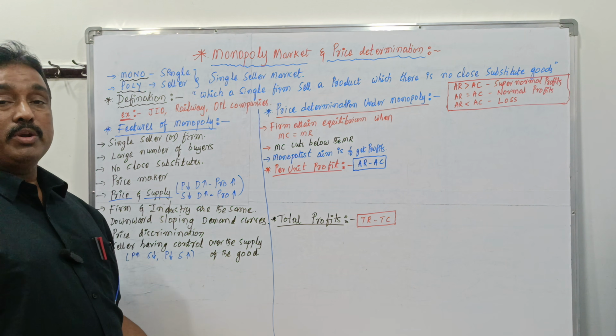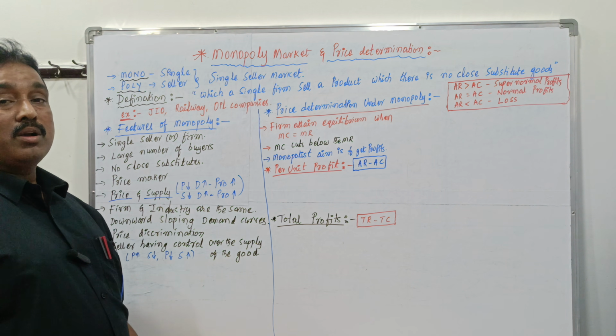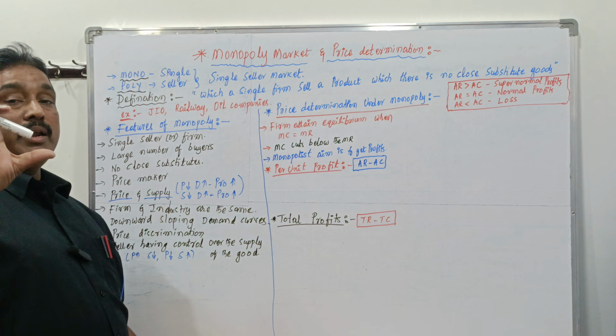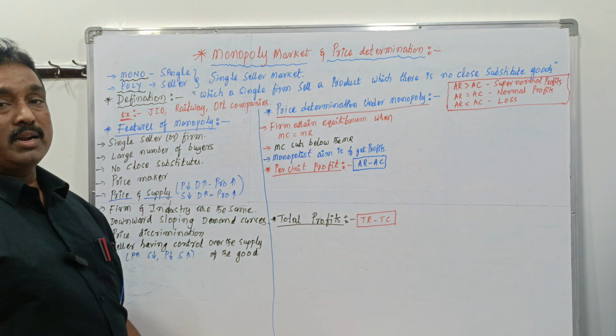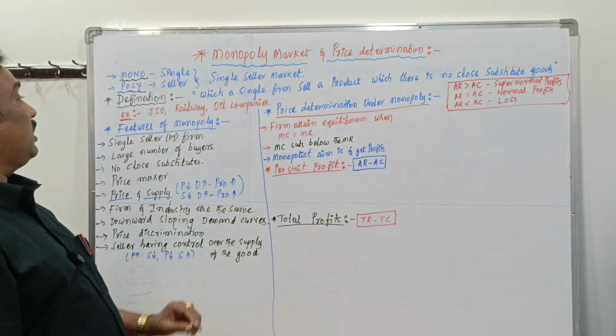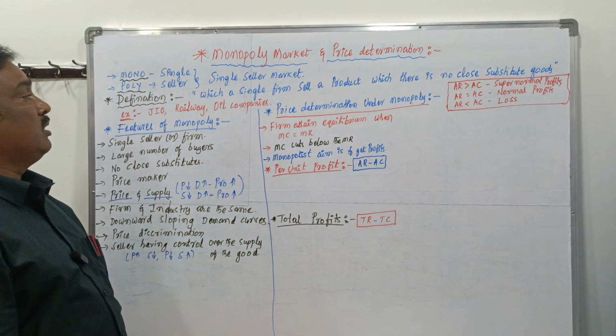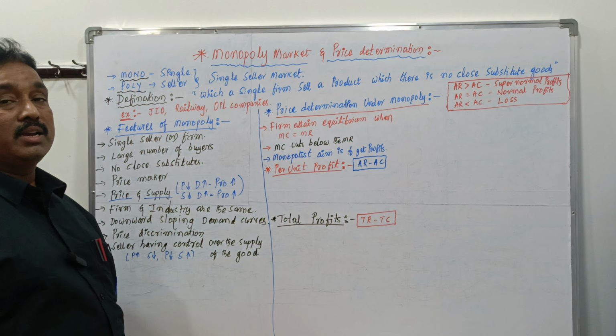So there is no competition in the market because the power is completely held by the seller only. That market is called a monopoly market.